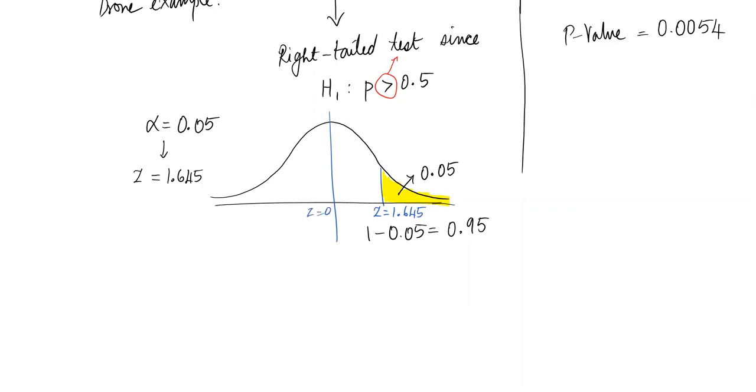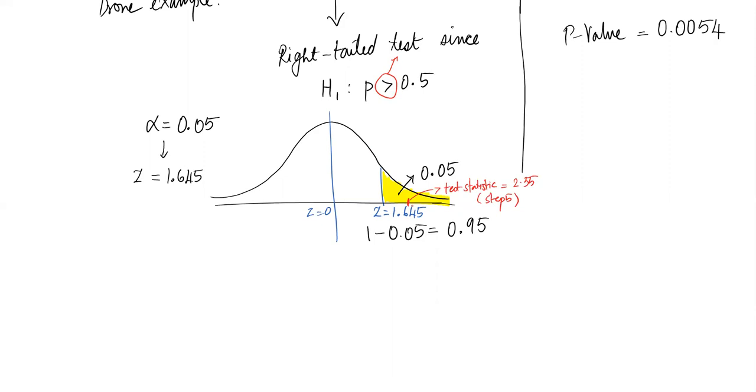So 2.54 is going to lie in this region. That is the test statistic from step 5. So step 5 lands inside the yellow shaded region. That's the critical region, or the region of rejection. And therefore, we will make some decisions based on that.